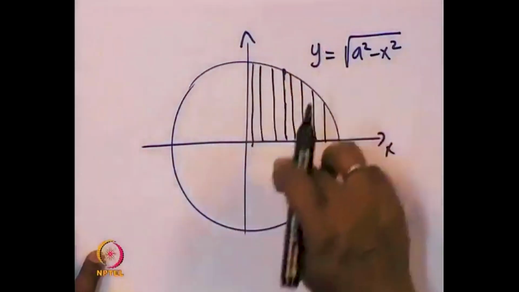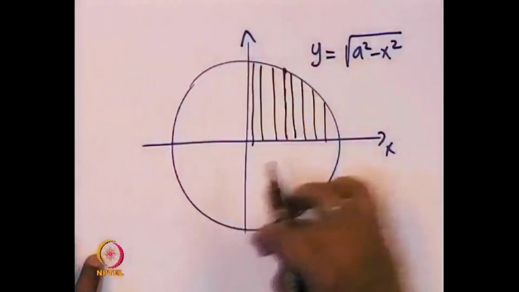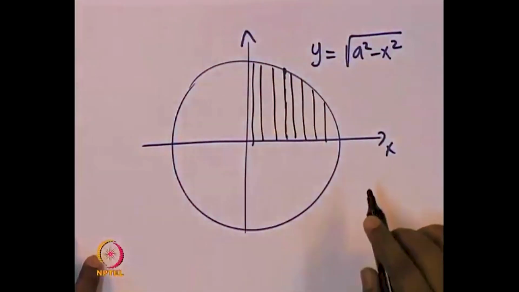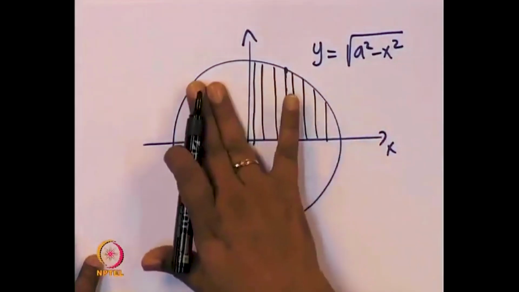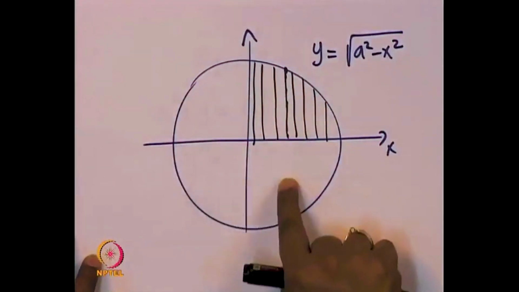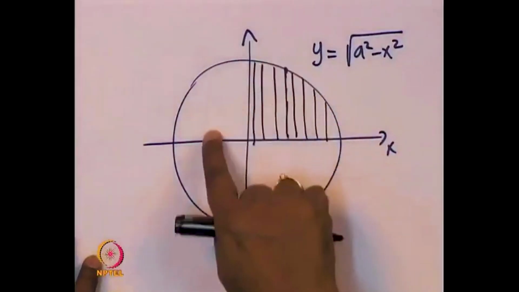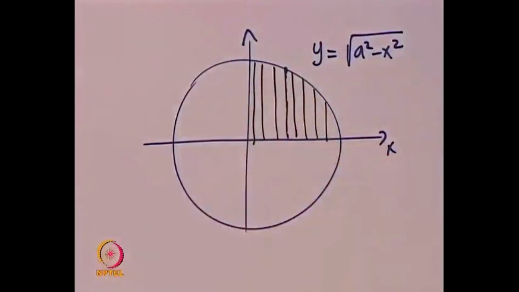The area here is the same as the area here, and the same here, for a circle. So, if you calculate the area of one quadrant and multiply by 4, we will get the total area of the circle.